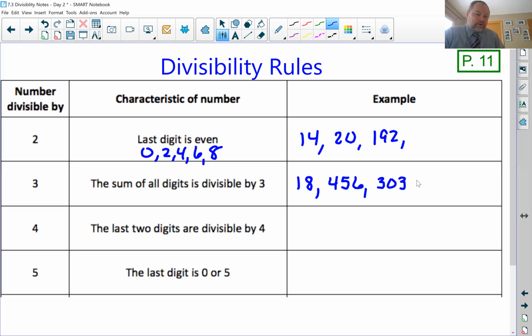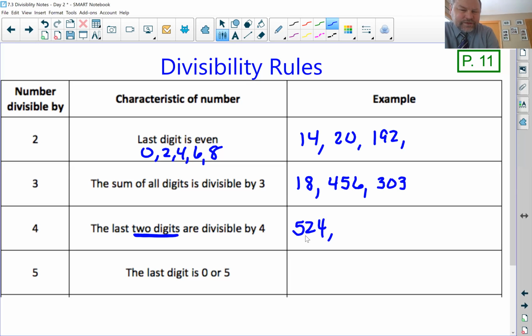With 4, you look at the last 2 digits. If the last 2 digits are divisible by 4, then the whole number is divisible by 4. So 524.